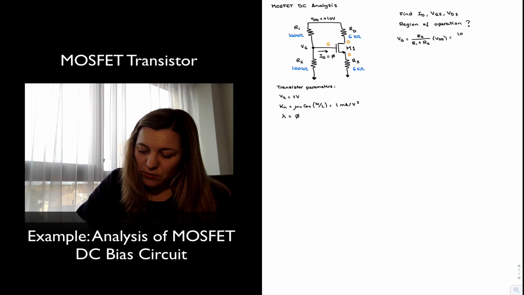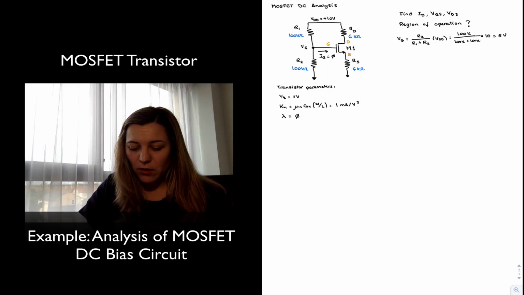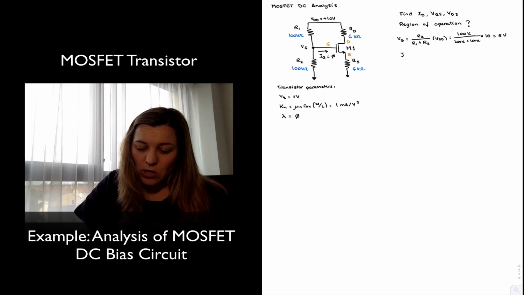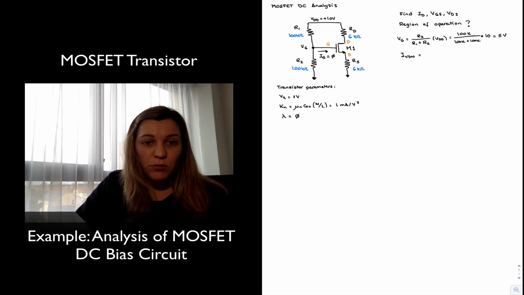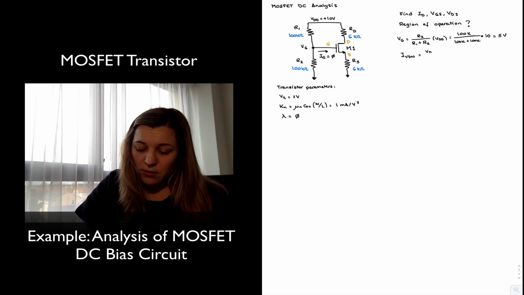So basically 100K divided by 100K plus 100K times 10 volts, that's equal to 5 volts. We can also calculate the current through the voltage divider network, which is equal to the overall voltage VDD divided by the overall resistance R1 plus R2, since they're in series.